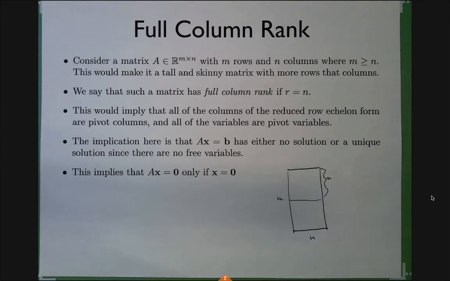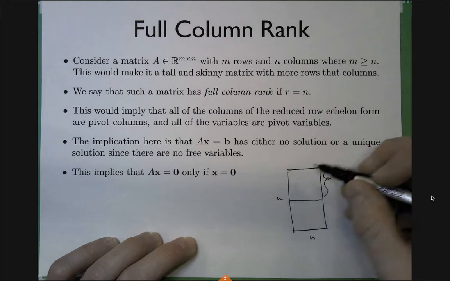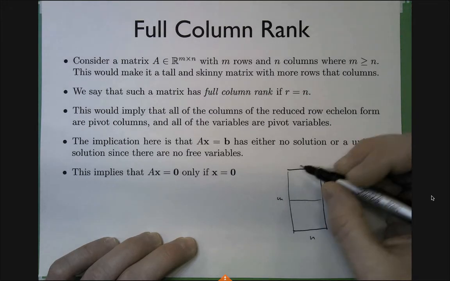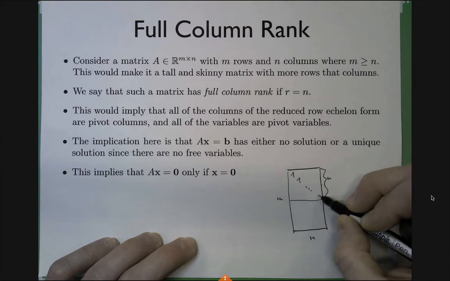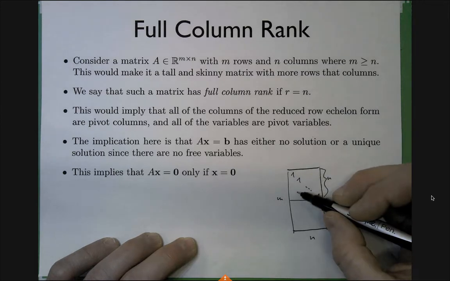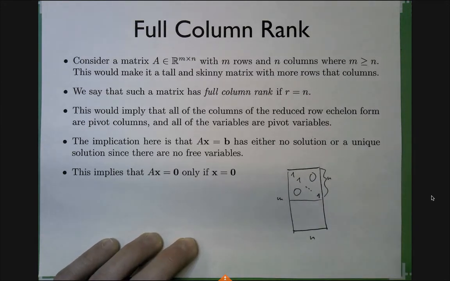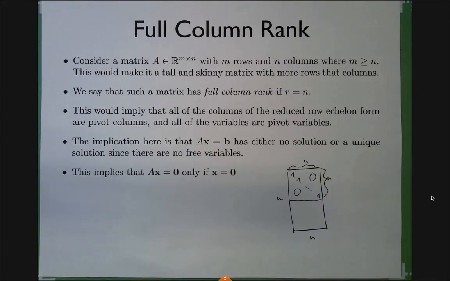That immediately implies that in the reduced row echelon form, all columns have pivot elements. So here I have nothing but the identity matrix, right? The first n by n block of the matrix is the identity.